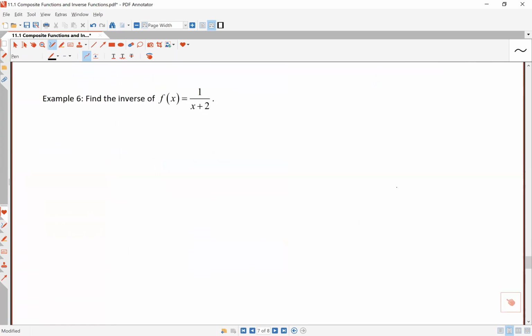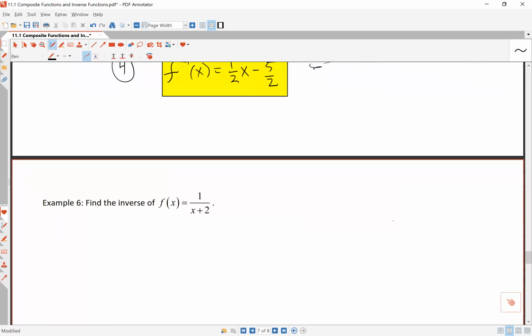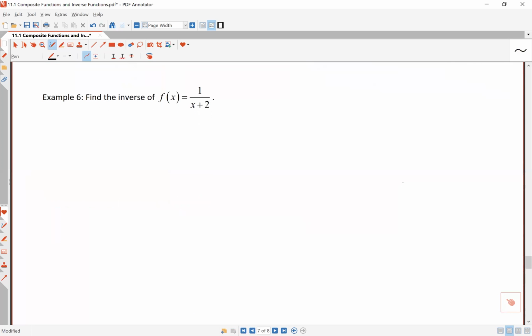It's when we get to rational, cube rooting, quadratics, those are a little bit harder to find the inverse. So here's a rational function. We need to do the formal step first, which is just put the y back into the problem. The step where we form the inverse is by swapping your variables.